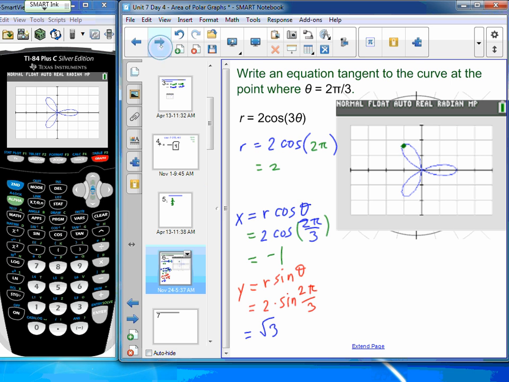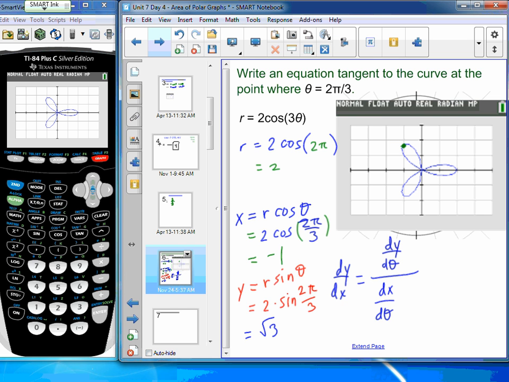So what was my dy over dx? It's given by dy d theta over dx d theta, where y is given by r sine theta and x is given by r cosine theta.